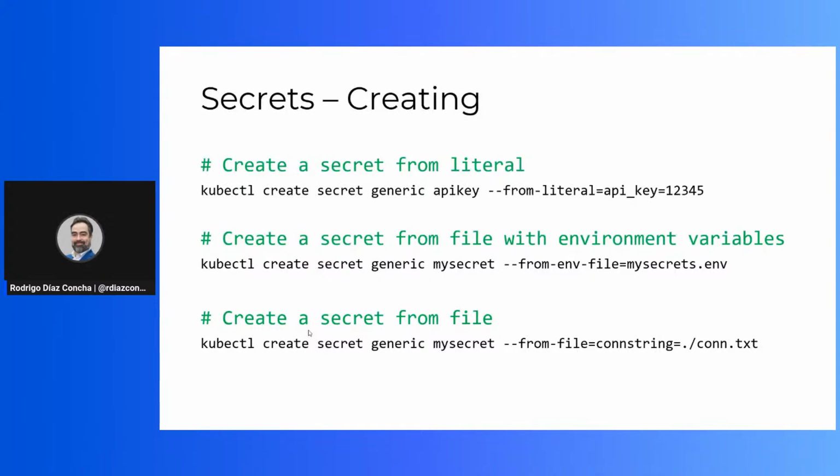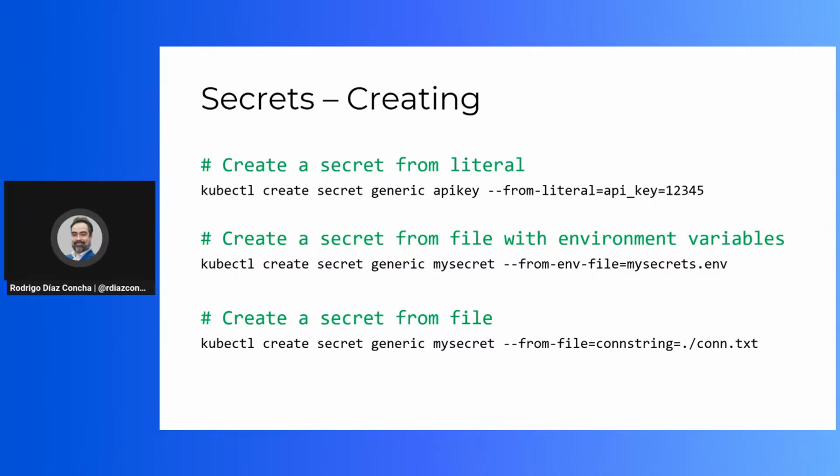Very easy stuff. Just take into account this generic option. This is the place where you use generic or TLS or Docker registry, okay? kubectl create secret, the type of secret, then the name of the secret, and finally, all the different flags that you want to use.